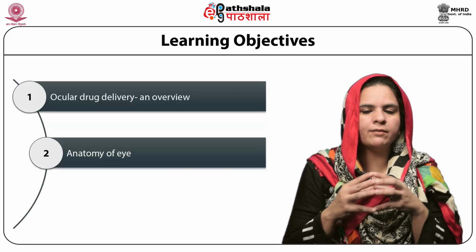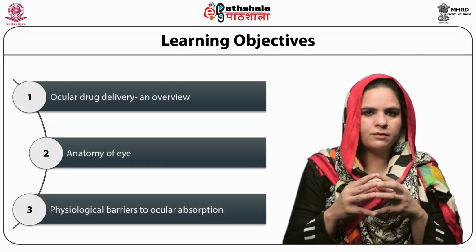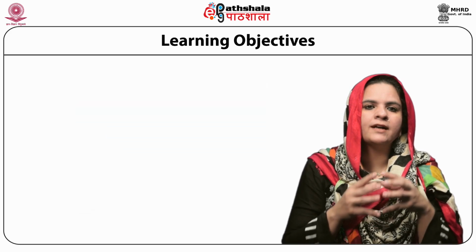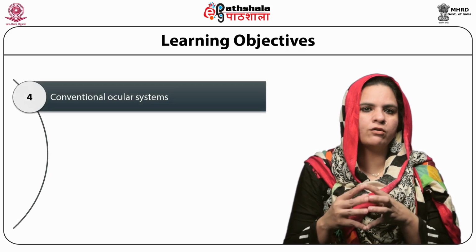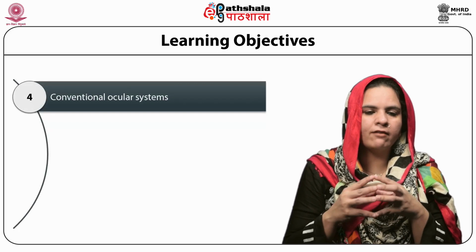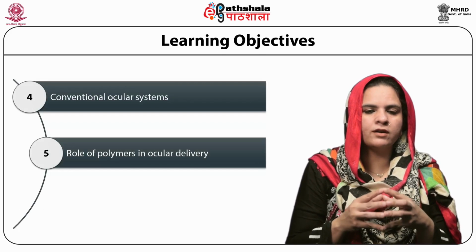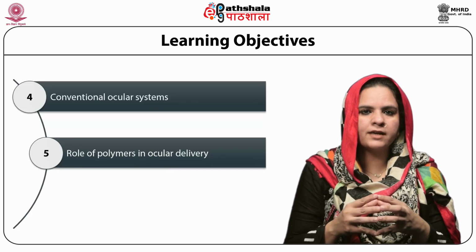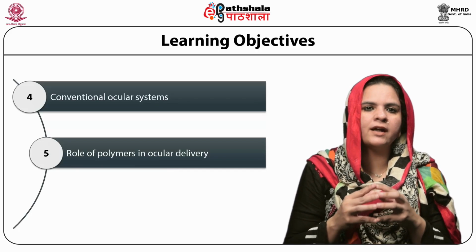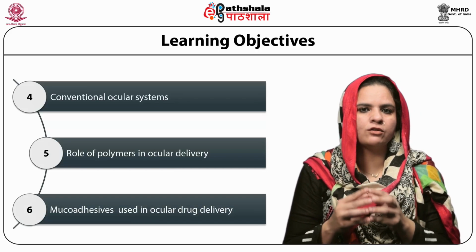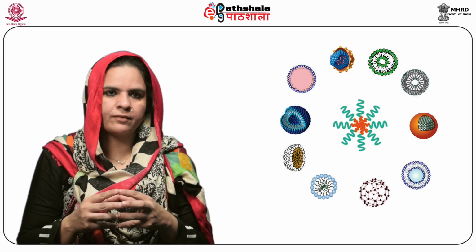We will also deliberate upon the physiological barriers to the ocular absorption. Then we will also talk about the existing conventional ocular systems. Then we will have an important section devoted to the role of polymers in ocular drug delivery, and towards the end we will have some special interesting points regarding the mucoadhesives which are used in the ocular drug delivery.